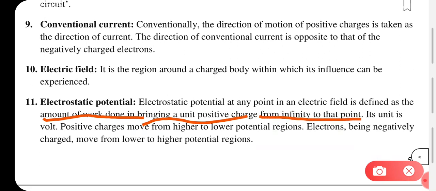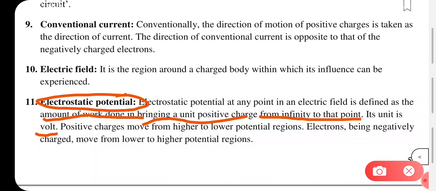So what is electrostatic potential? It is the work that will be done to bring a unit positive charge from infinity to that particular point. Its unit is volts.